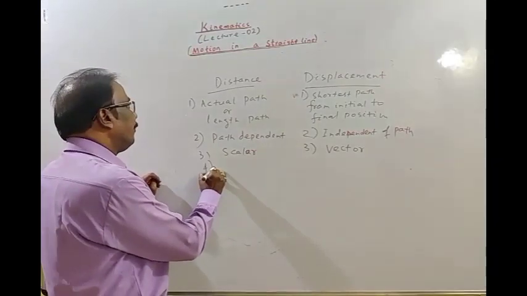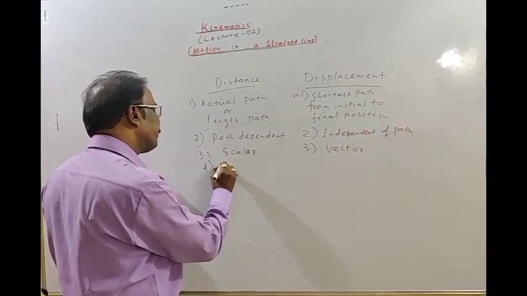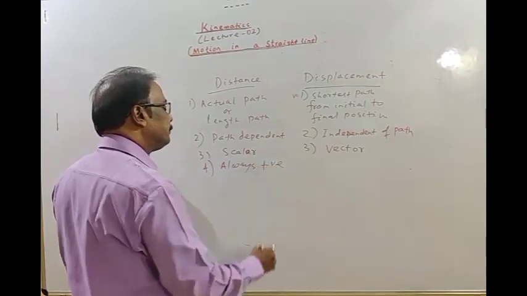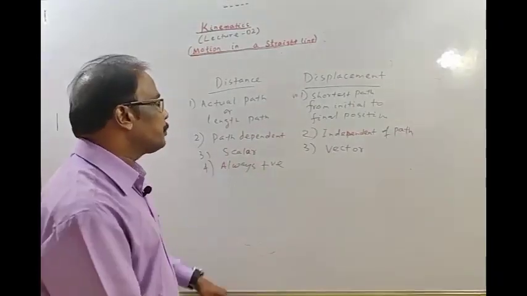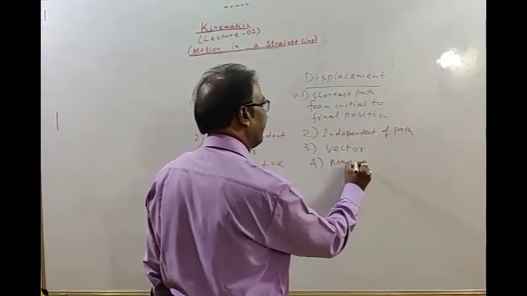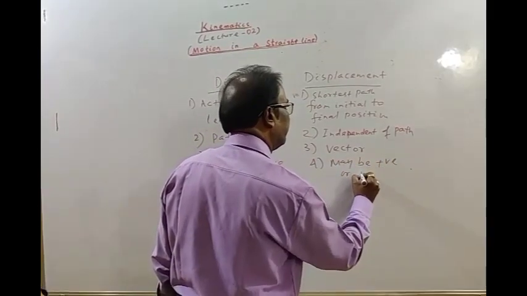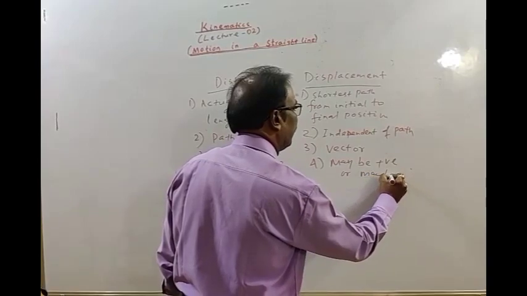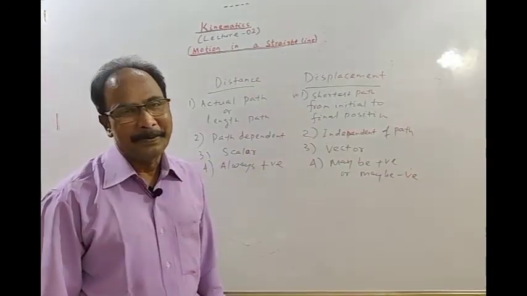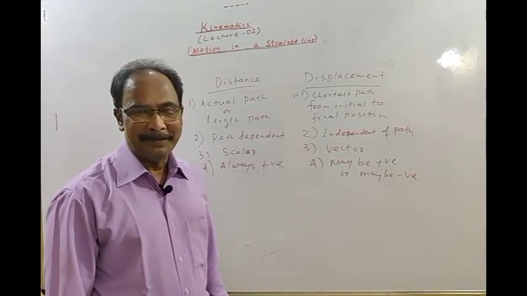Number 4, distance is always positive. For a moving body, distance is always positive. Then about displacement, it may be positive or may be negative. Displacement has a particular direction, so usually the initial direction is taken as positive. Okay.